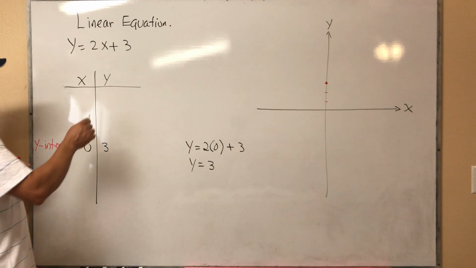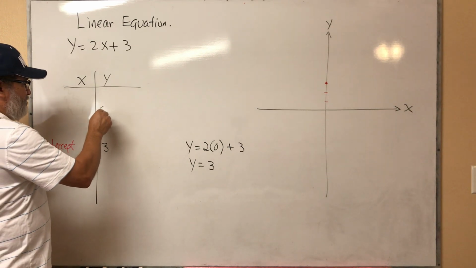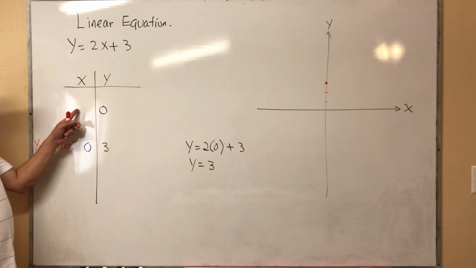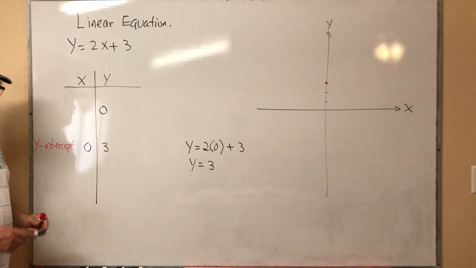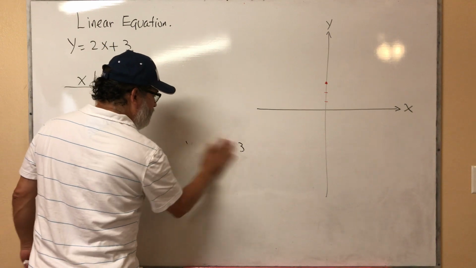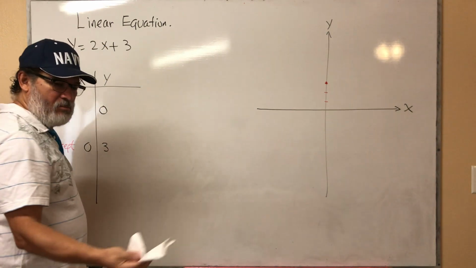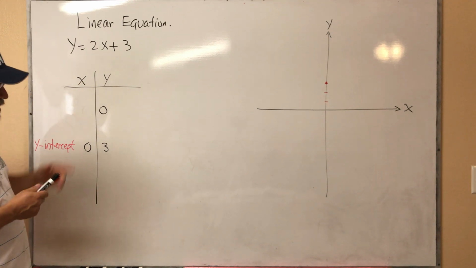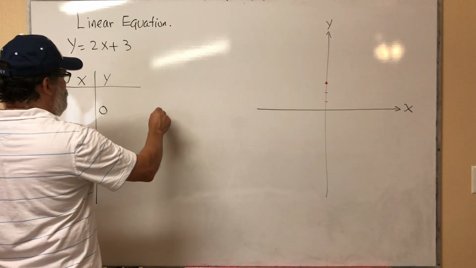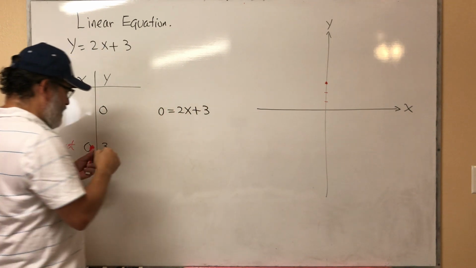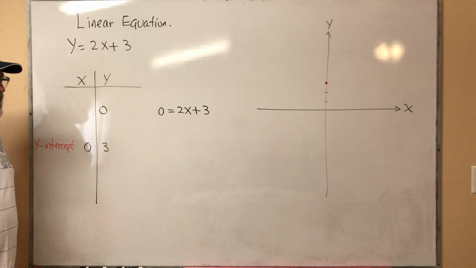Now, let y be 0. I'm going to find the x value that goes with y equals 0. You can erase this now. Now you can say y equals 0, right? To plug in 0 for y. So 0 equals 2x plus 3. I plugged in 0 for y.